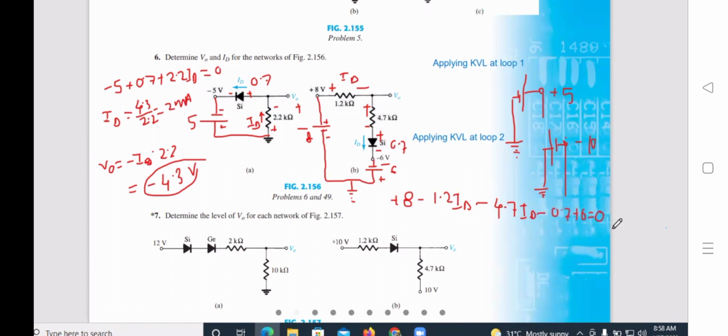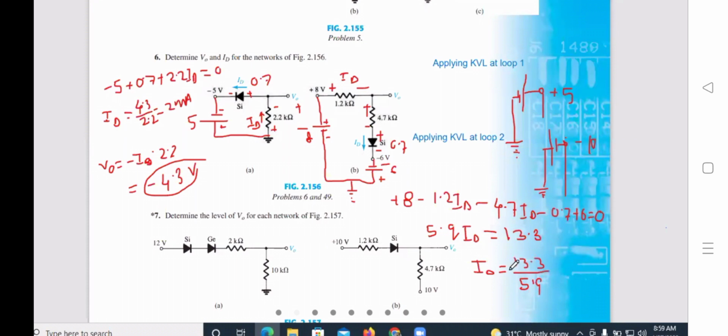So from here, 8 plus 6, 14, 14 minus 0.7, 13.3. So 4.7 plus 1.2, 5.9 ID equals to 13.3, or ID equals to 13.3 by 5.9.